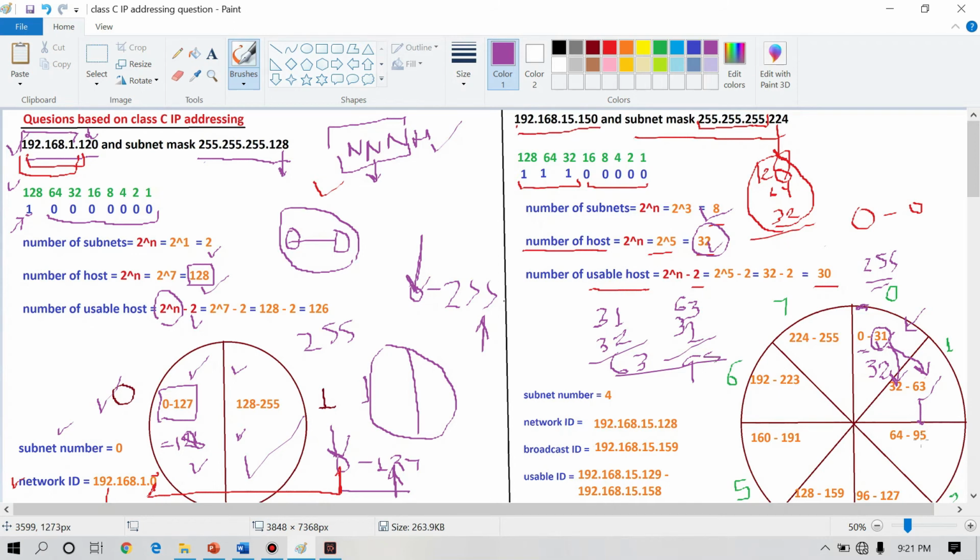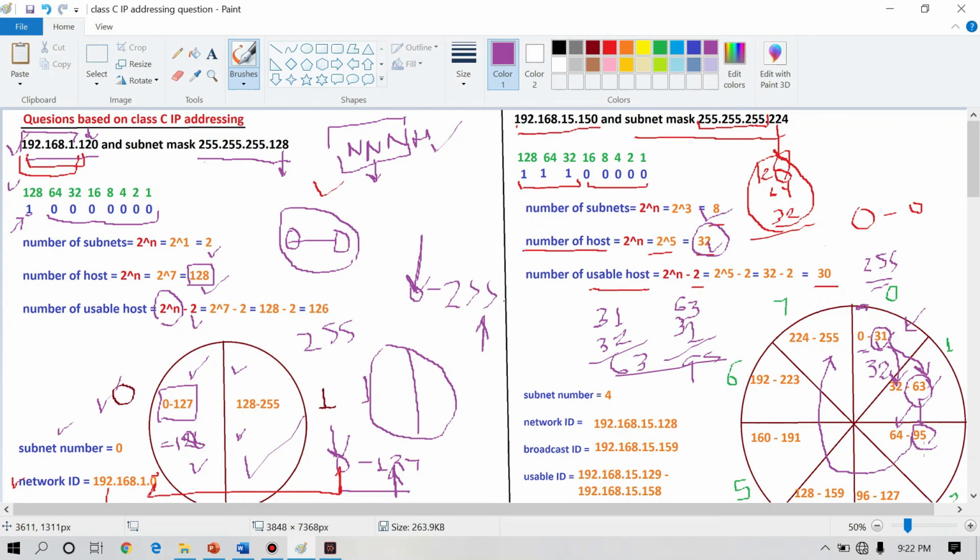Write 95 here, and for this position write the next number to this one. Similarly, do the same thing till you get 255 or you cover all the subnets. For getting 127, you have to add 32 to 95. You will get 127. And for getting 96, simply 96 is the next number to 95. You will get all these numbers.